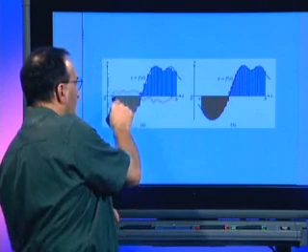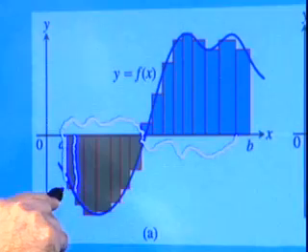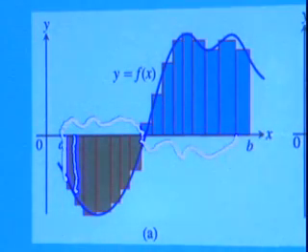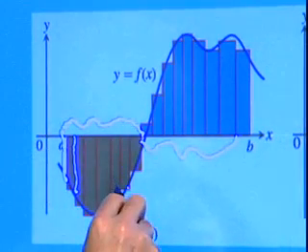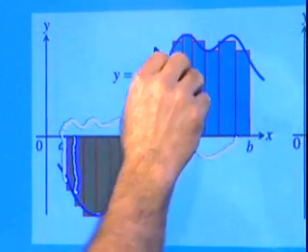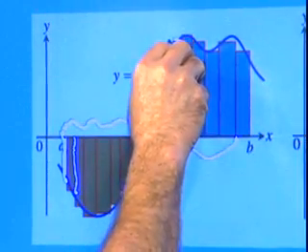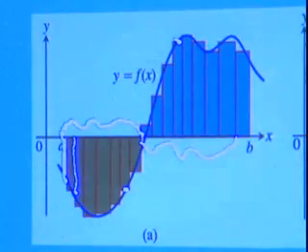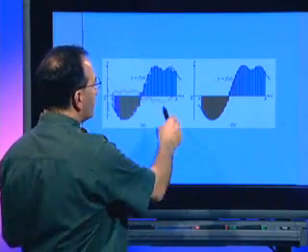The red lines are those partitions we're looking at. And as we've seen before, we're looking at the midpoints of these partitions. And these rectangles are approximating the area under the curve.